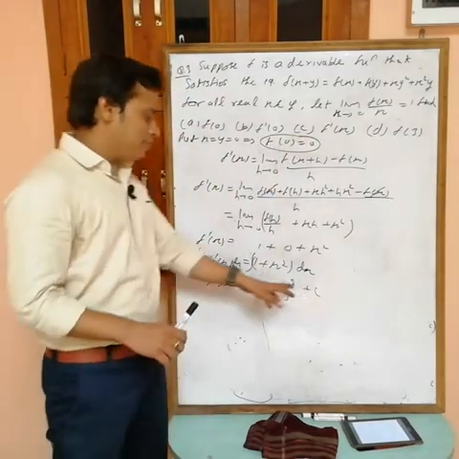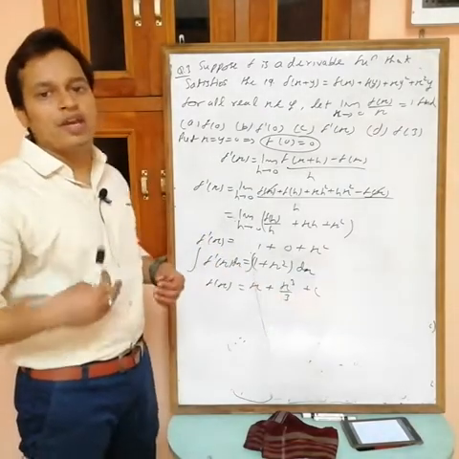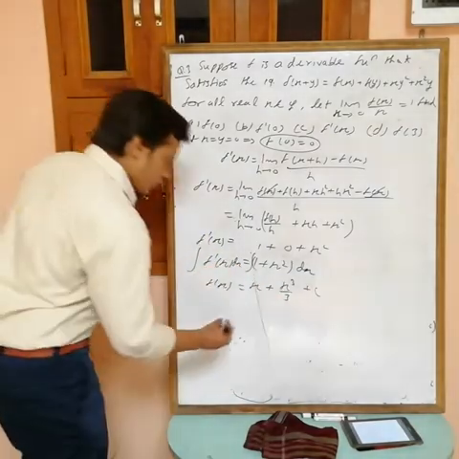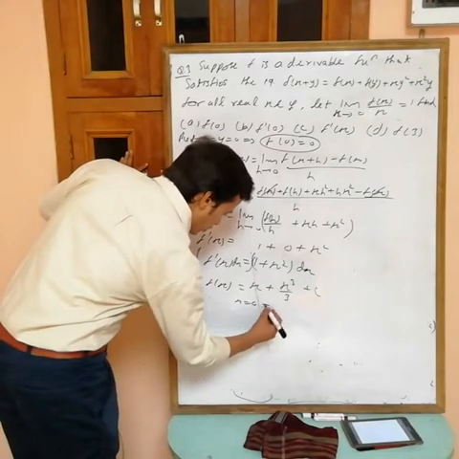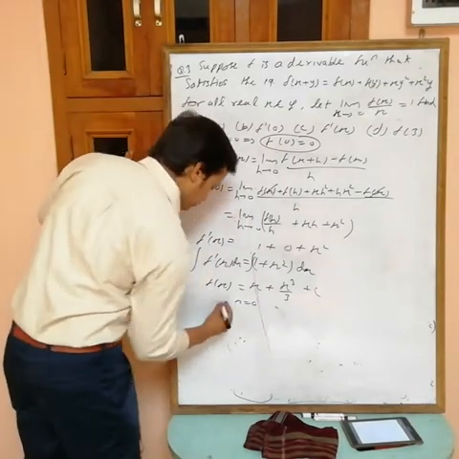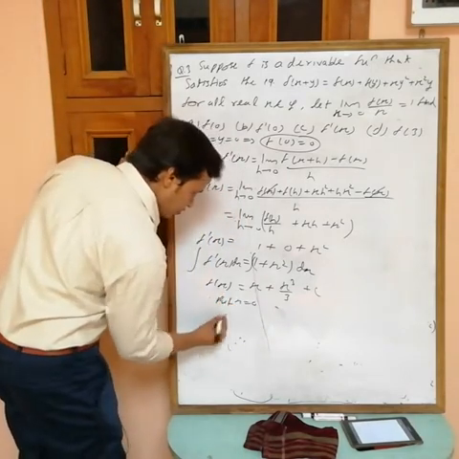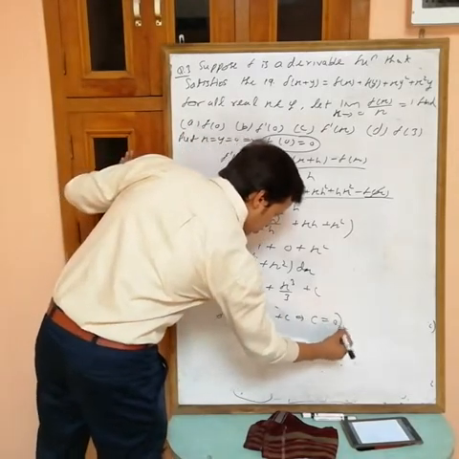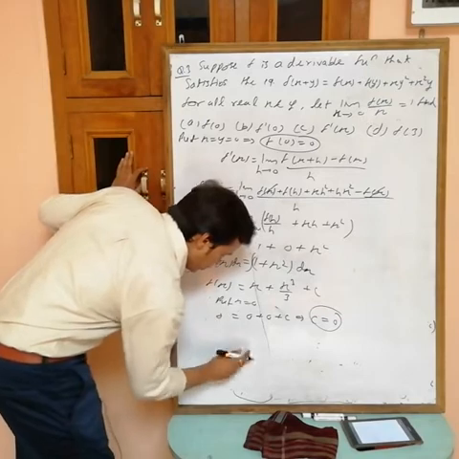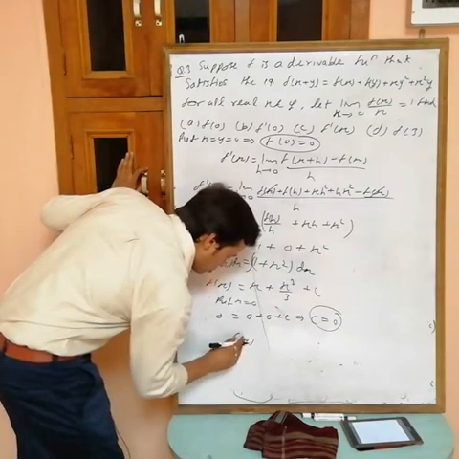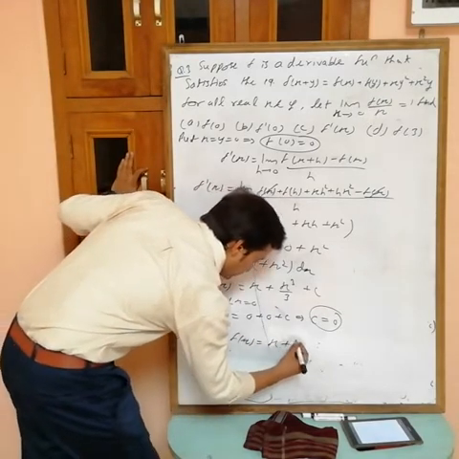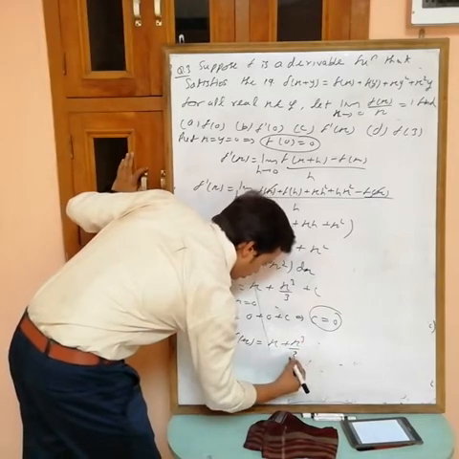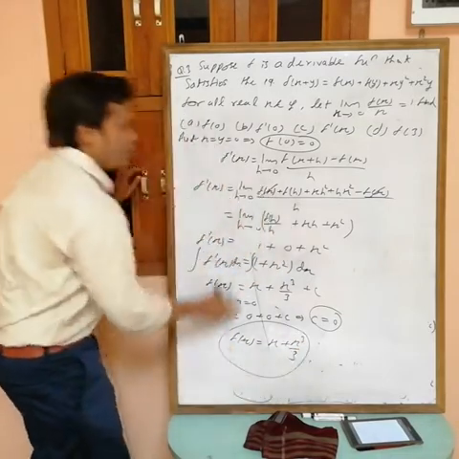Because to find c, we want the value of the function at any point. So put x equals 0: f(0) = 0 = 0 + 0 + c, so c equals 0. So f(x) is equal to x + x³/3. Now easily you can find all these values.